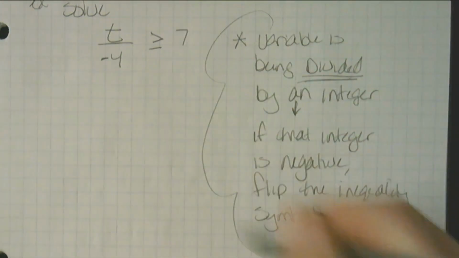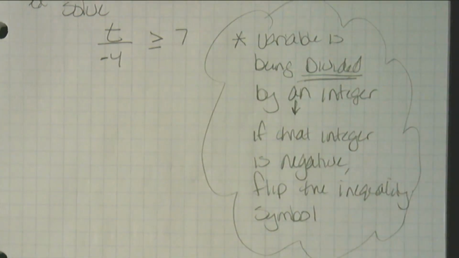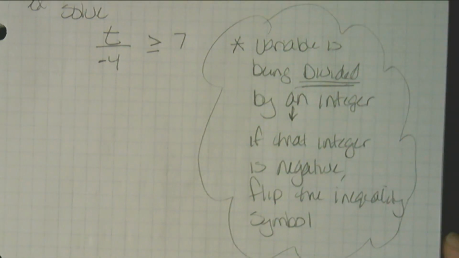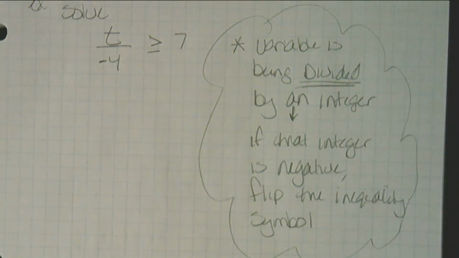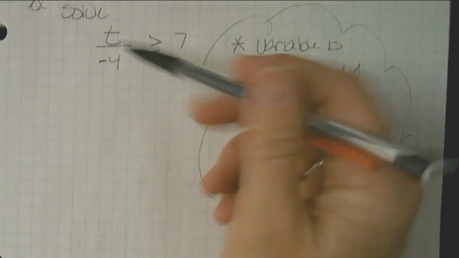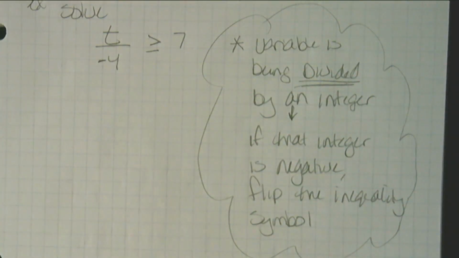It's the same idea that we did yesterday, because technically this is negative 1/4 times t. So the idea that if your coefficient is negative we flip the symbol is true here. But instead of saying it as the coefficient, I'm saying if the variable is being divided by a negative number, we flip the symbol.